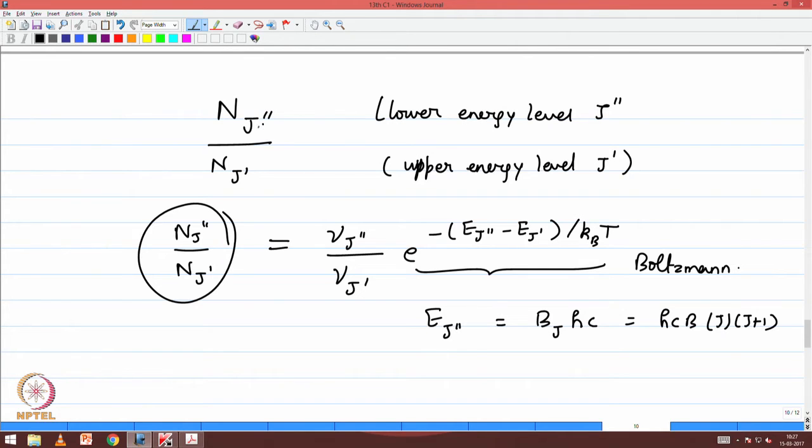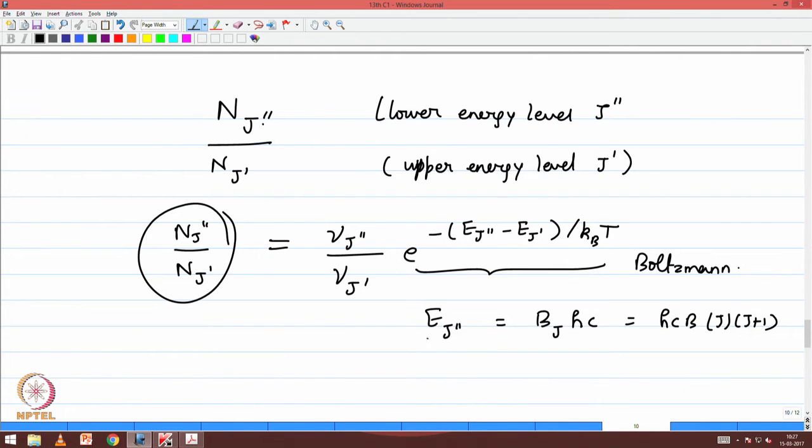If you look at that initial and final state, this ratio is given by the ratio of the degeneracies of the corresponding states multiplied by a Boltzmann factor which contains the energy difference between those two states divided by the Boltzmann factor kBT at a given temperature T.